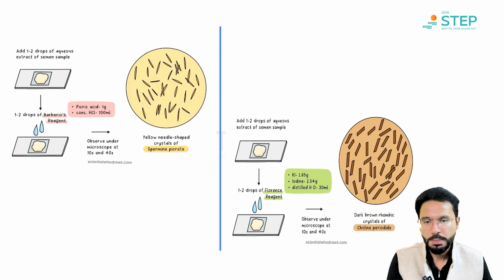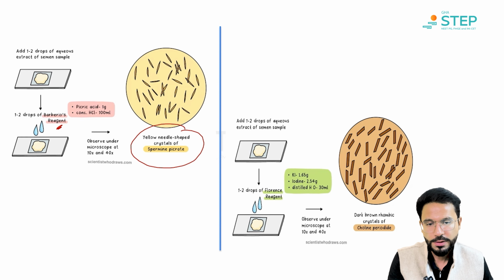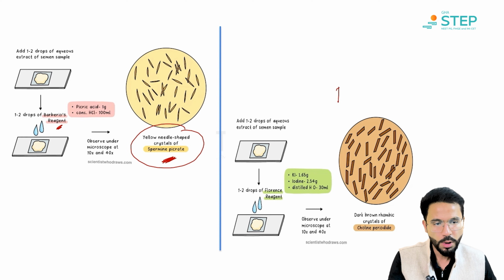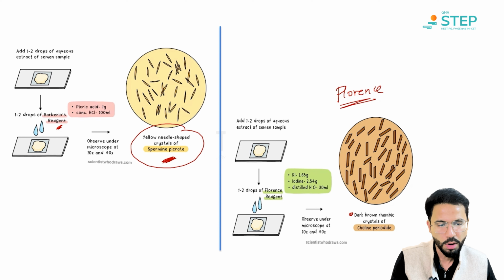So it is a Barberio test, because Barberio's test or reagent will give you yellow needle-like rhombic crystals of spermine picrate, whereas a Florence test is not going to show you yellow rhombic crystals. It is going to show you dark rhombic crystals of choline periodide.